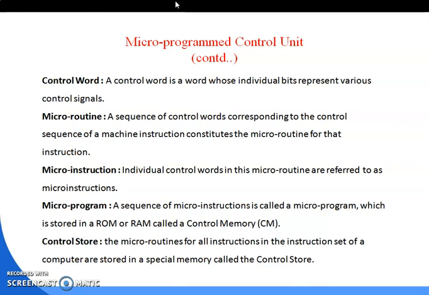The control word is a word whose individual bits represent various control signals. A microroutine is a sequence of control words corresponding to the control sequence of a machine instruction. The individual control words in this microroutine are referred to as microinstructions.